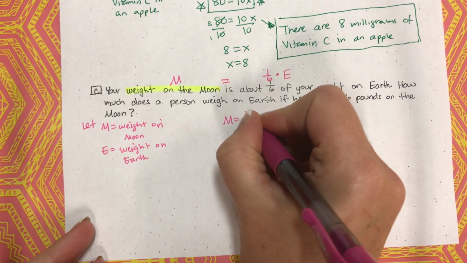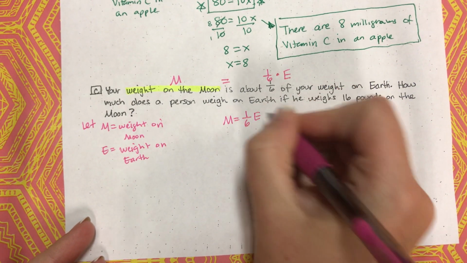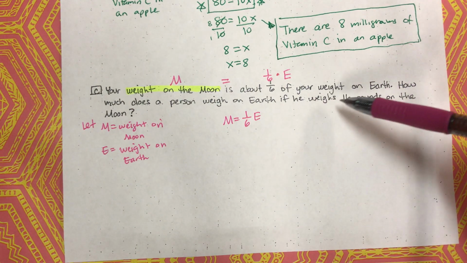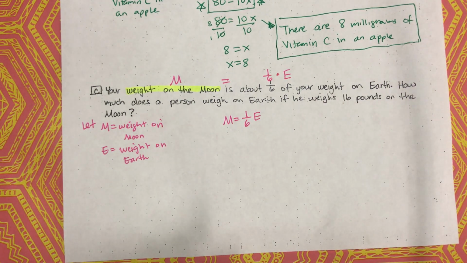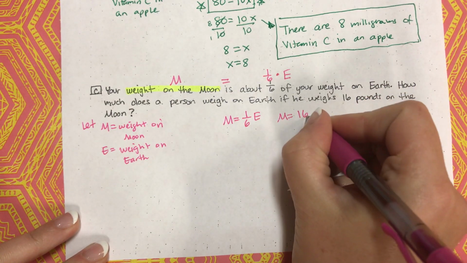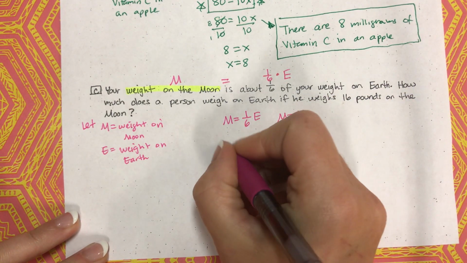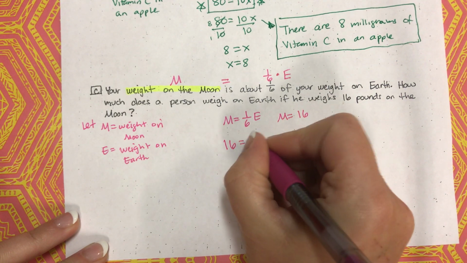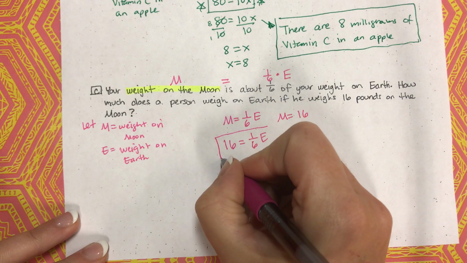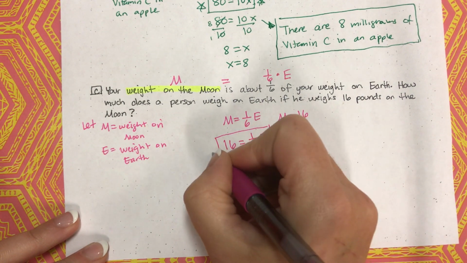M equals 1/6 E. Okay, but it says how much does a person weigh on earth if he weighs 16 pounds on the moon? So that means M is going to equal 16. So we substitute 16 in for M, and we end up with 16 equals 1/6 times E, which I think is the equation that they're looking for.